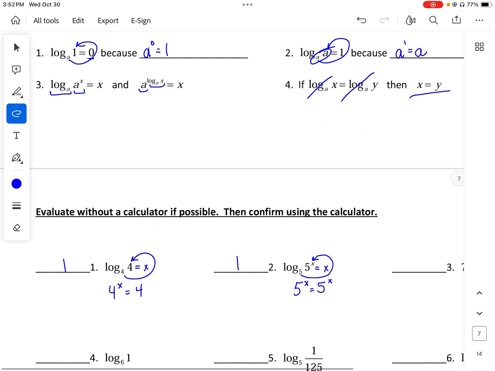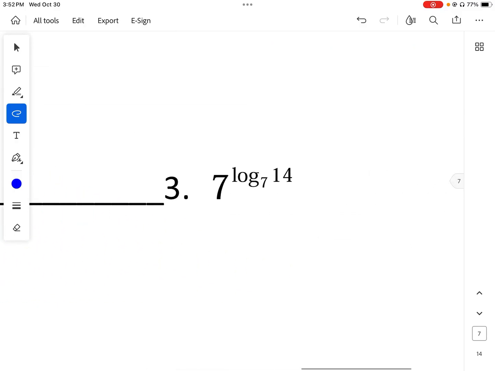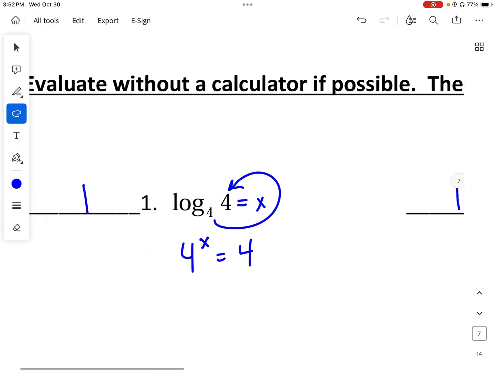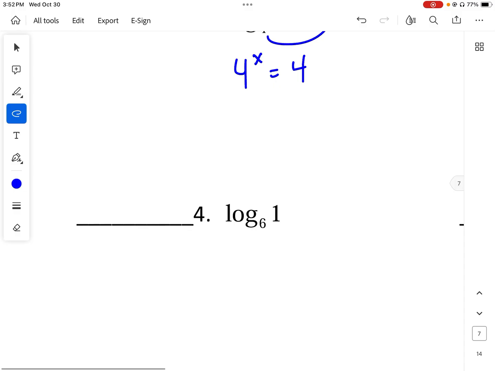Okay, let's go to the next one. Log base 7 and 7 are canceling each other out, and that just equals 14. We're going to say log base 6 of 1 equals x.